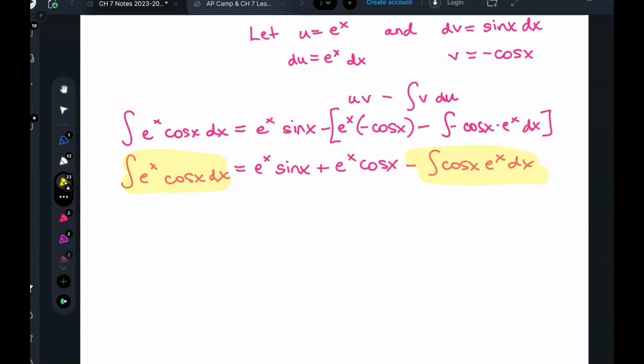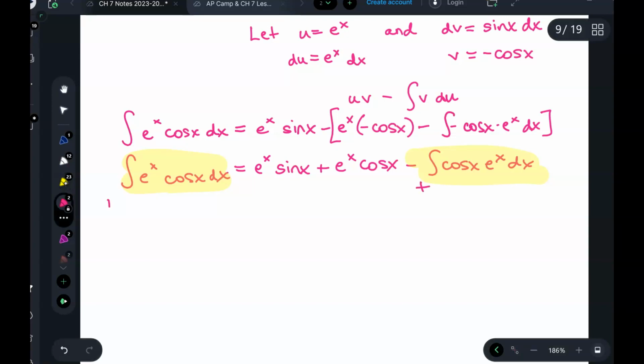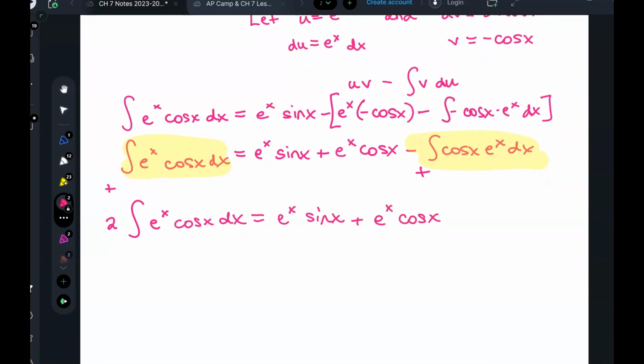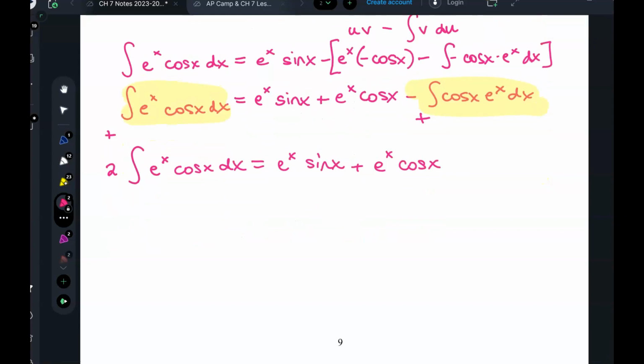Aren't those the same terms? Yeah. So if we add this to both sides, I'll end up with 2 times the integral of e to the x cosine x dx, and then divide both sides by 2. Oh, wow. That is pretty cool.